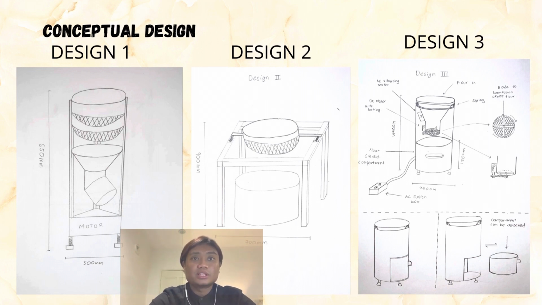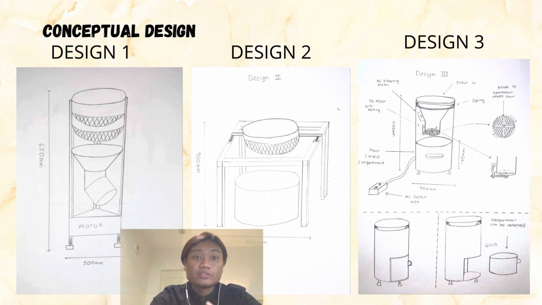Okay, for the first design, here I want to explain about the first design concept. It shows that when the flour goes on top of the siever, the flour will go through a double sieve to make the flour produce a finer result. Then it will go down to a metal sheet cone shape with an angular end for easier collection of the final product of the flour.